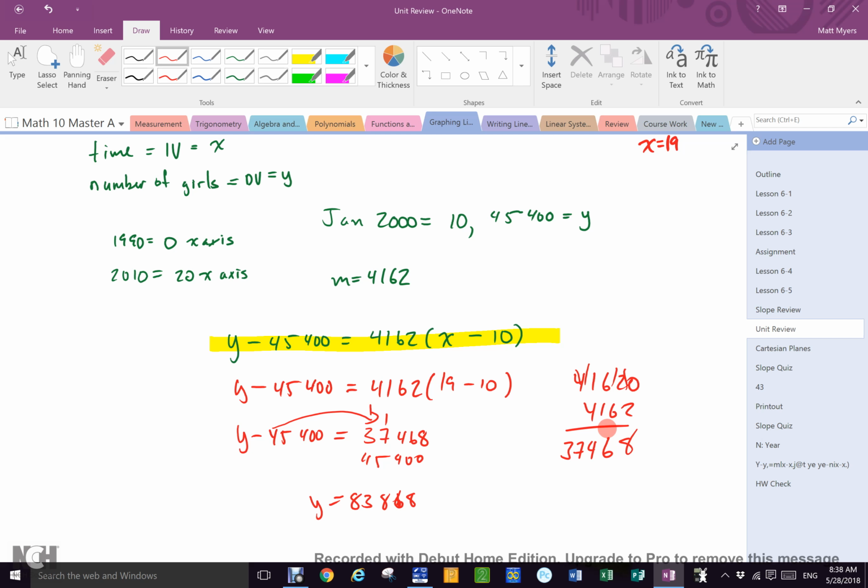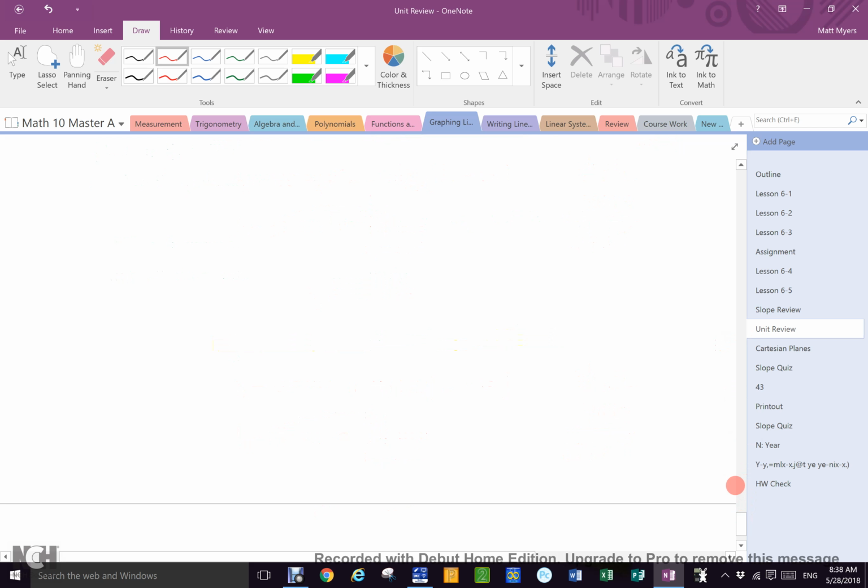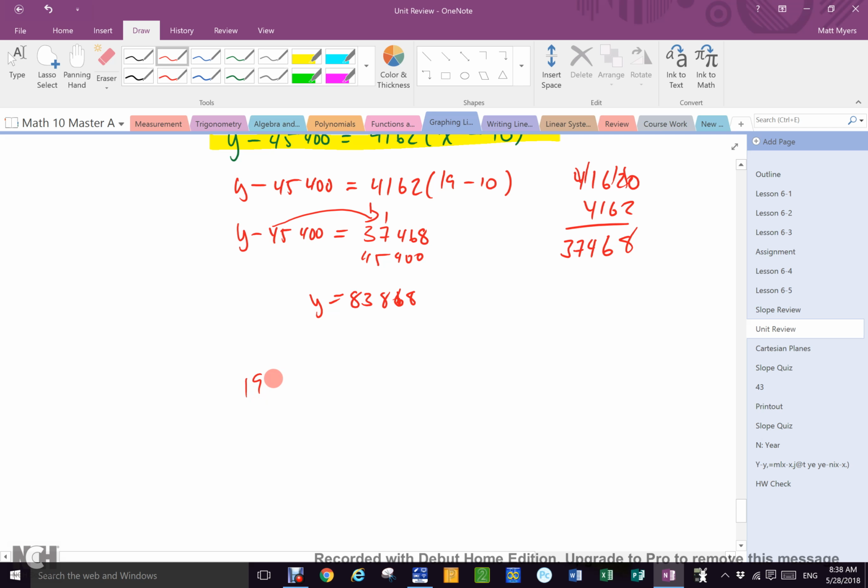Your other option to solve this is a table of values, yes? I saw at least one person had a table of values that had 1990 in the x and a bunch of blanks in the y, and then they had 2009 or whatever year we knew. No, we knew 2000, and it was 45,400.